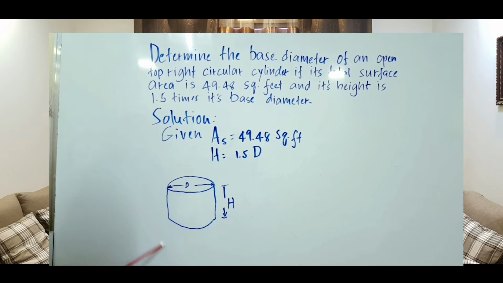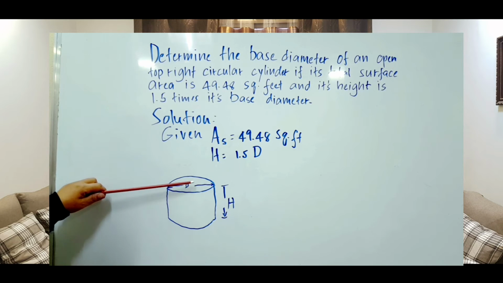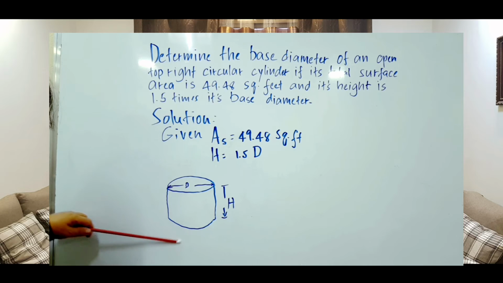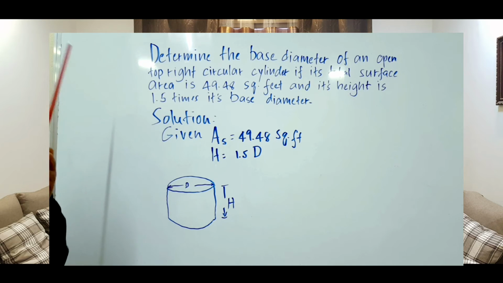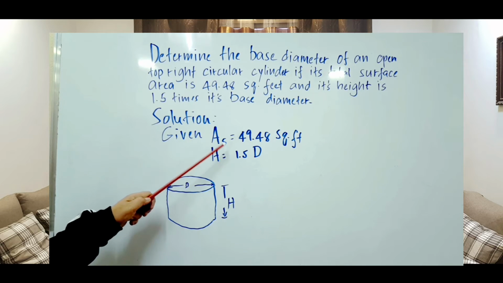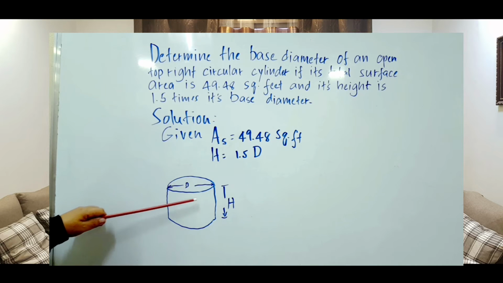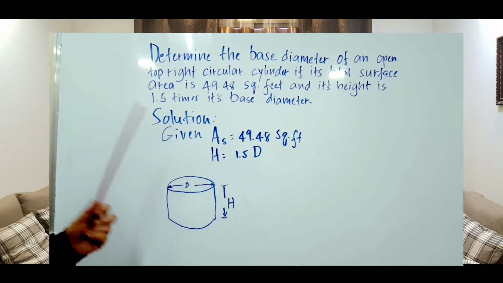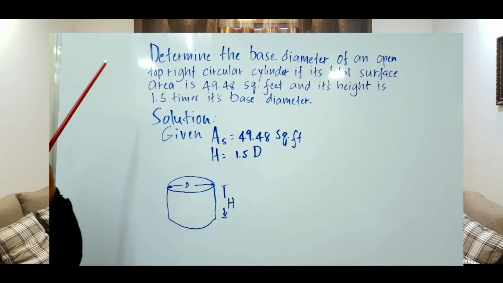This is an open cylinder. That means on top it is open and down, of course, it is closed. Here, it's given the total surface area. That means the area of this cylinder is given to be 49.48.